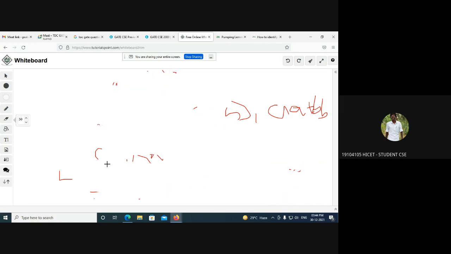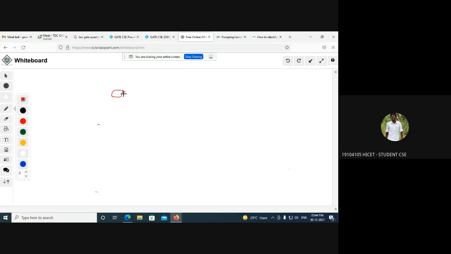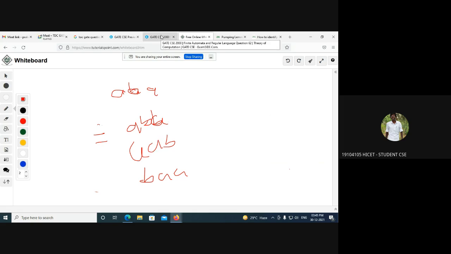How many strings? These are definitions you can go and memorize from the book, but let me explain how it's happening. Let us take the string A, B, A, B, A. Okay, this is the given string. How many substrings can you pick? First A, B, A, then A, B, B, A, A, B, A. So the maximum is 3.